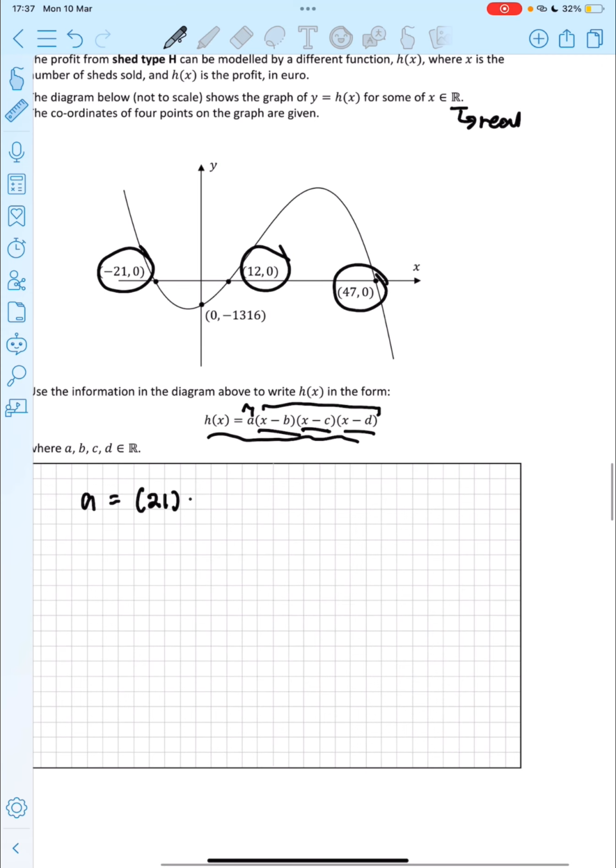So 21 times minus 12 times 47. I'm going to do that. That will get me, what's that? Oh, sorry, I wrote that the wrong way. That will be a minus 47 because if we write them as roots, we will get x plus 21, x minus 12, and x minus 47.